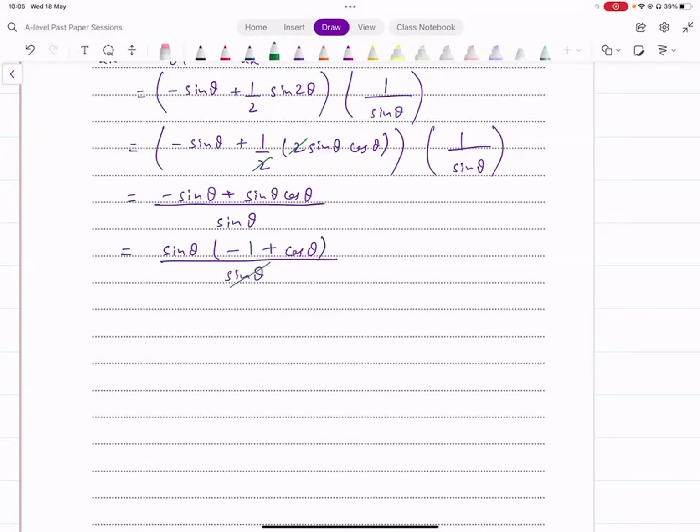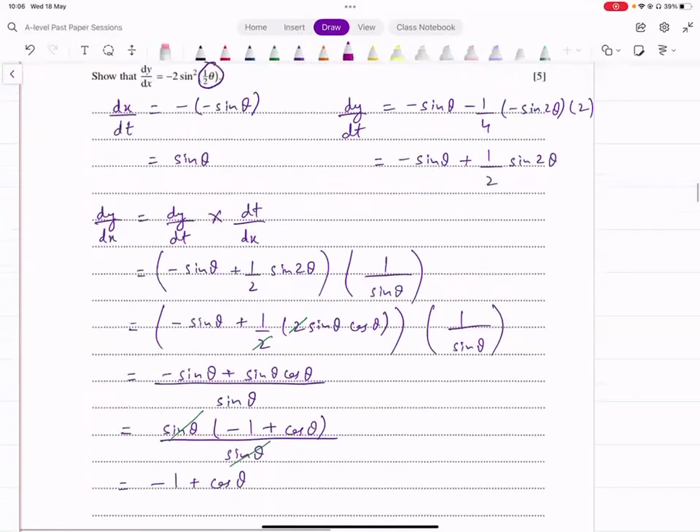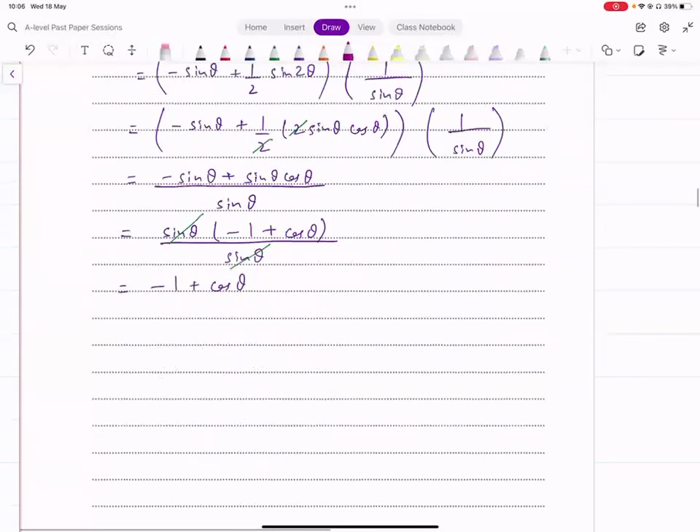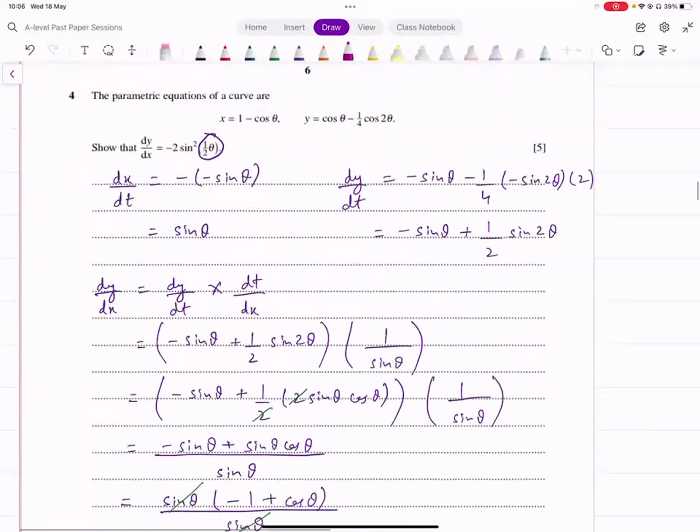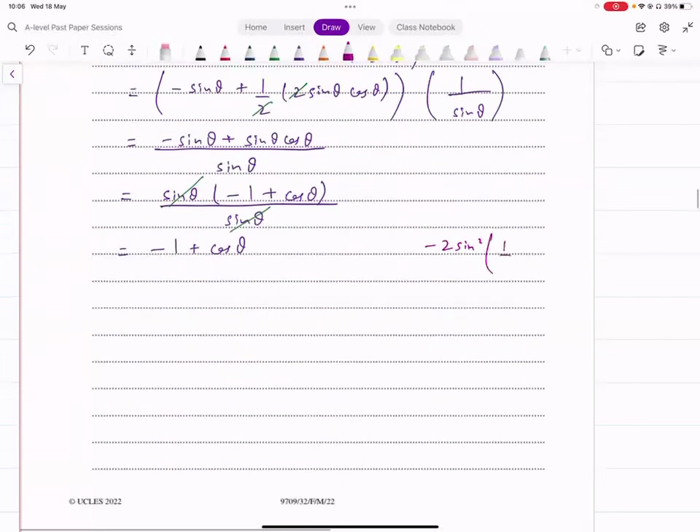Now sine theta and sine theta get cancelled. And we have minus 1 plus cos theta. ये आपके पास आ गया. ठीक है? ये आपके डेरिवेटिव तो आ चुके हैं. अब आपने क्या करना है? इसको किसी तरह से आपने चेंज करना है. minus 2 sin square half theta के अंदर. ये आपने प्रूव करना था इसी तरह से.